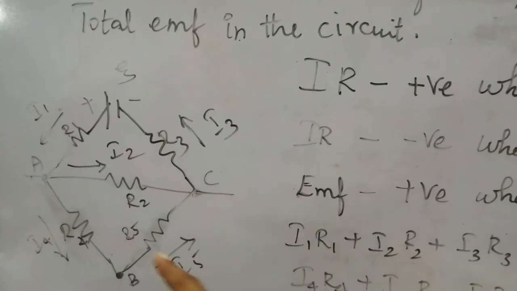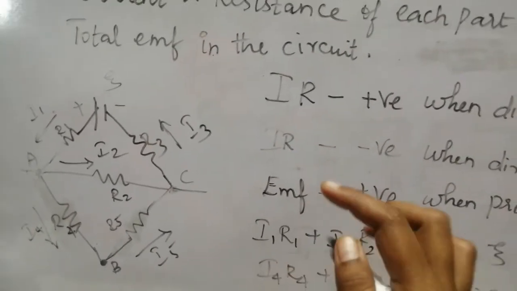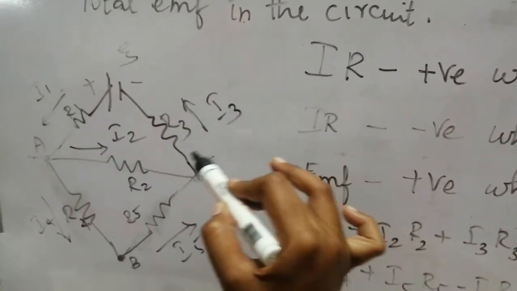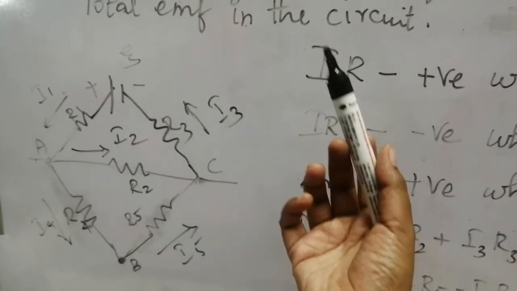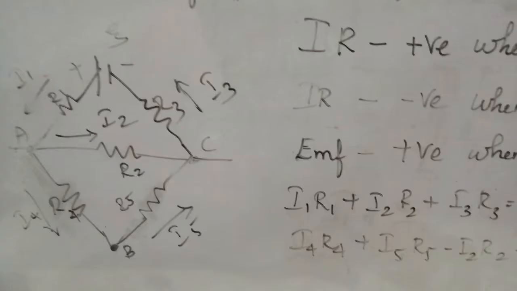For this, you're going to apply Kirchhoff's voltage rule. According to the voltage rule, you are going to calculate the voltage for this resistor, this resistor, this resistor, and this resistor. The voltage is nothing but current into resistance, so you're going to write it in terms of I into R.